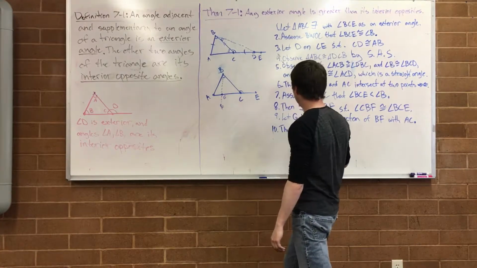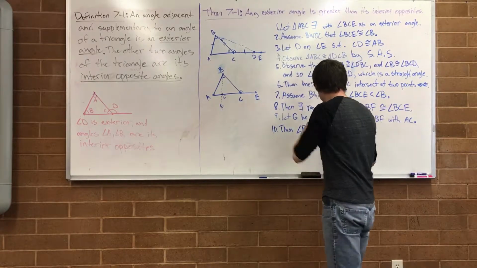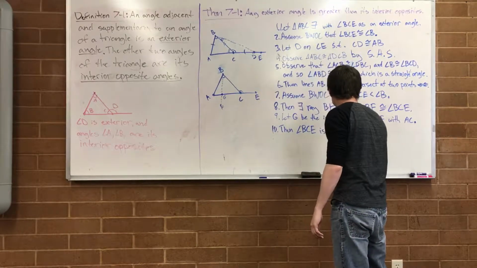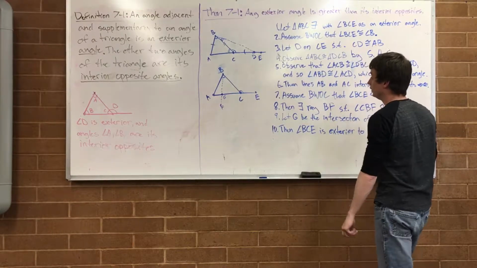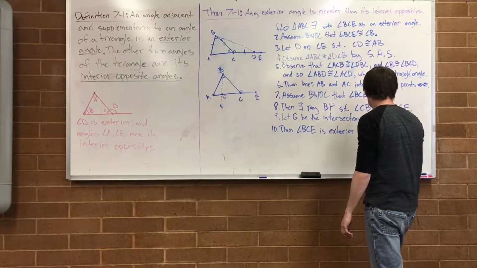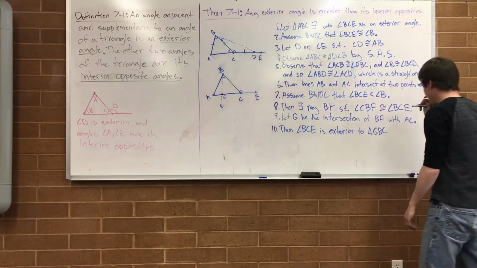Then angle BCE is exterior to triangle GBC. Maybe we should have called that A prime. Oh well.